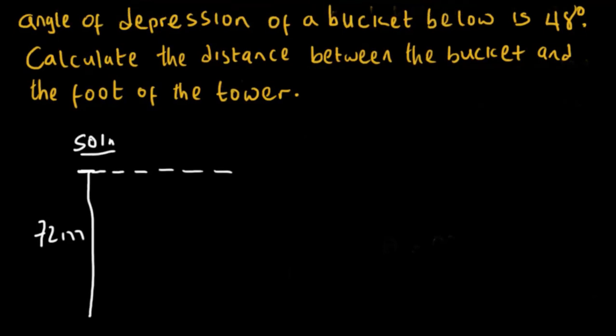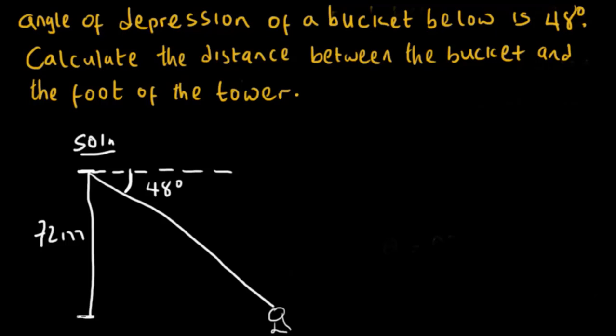Now let's say the bucket is somewhere here, is 48 degrees. Now if the person sitting or standing on this tower is looking down on the bucket, the angle it makes with the horizontal is the angle of depression, and we are told here that it is 48 degrees. Do you understand?